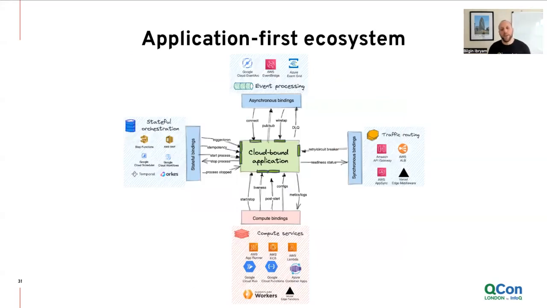And here we see more and more specialized application-first cloud services, which the application can be bound to: the different serverless compute services, serverless traffic routing services, event processing services, stateful orchestration services, etc.